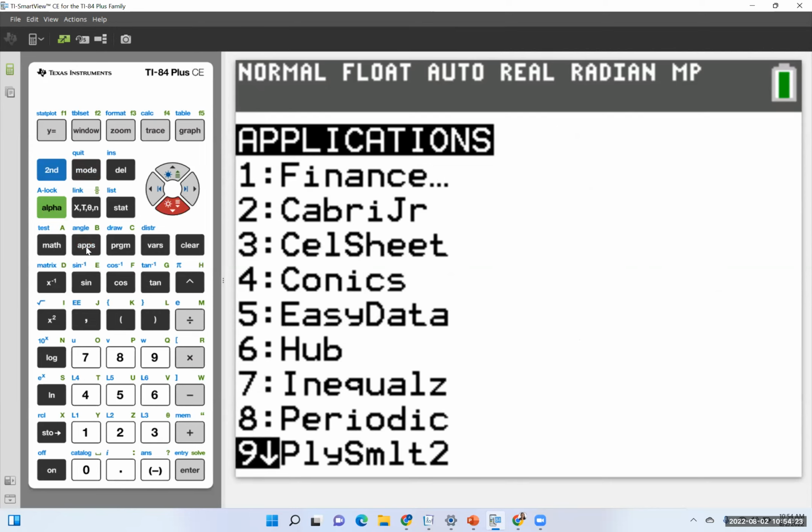It might not be number 9 on your calculator, but see if you have the one that's PlySmlt2. You have that one? I don't. All I have is number 1, finance. That's it. Okay, tell me who does not have this one. Mel does not have this one. Who else? I don't have that one either.